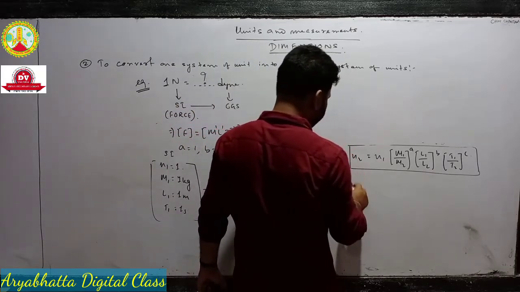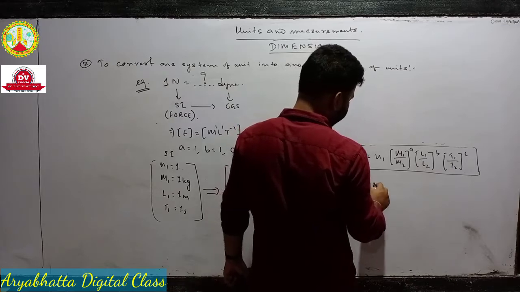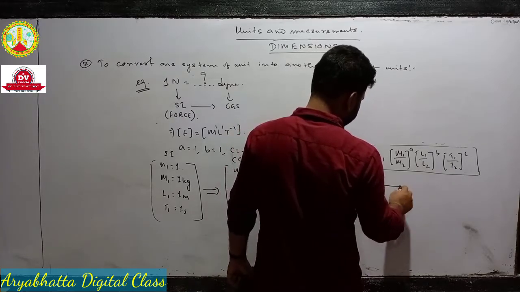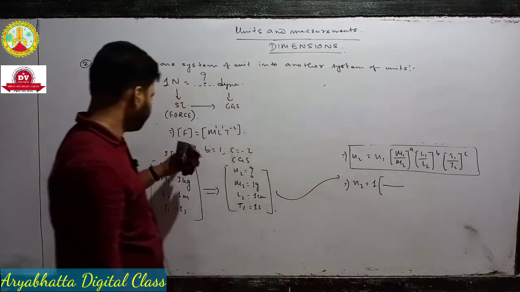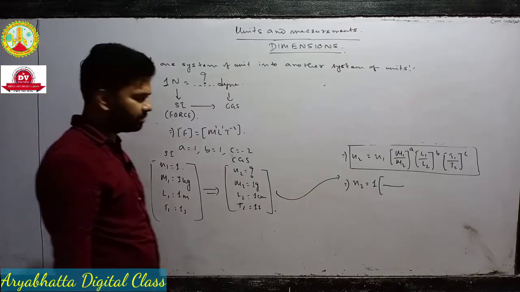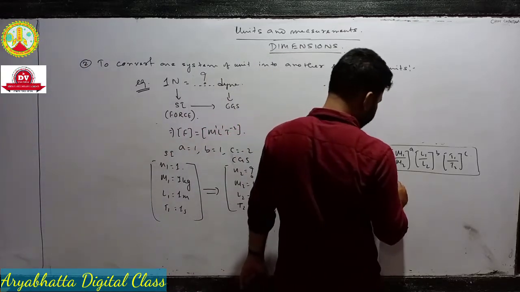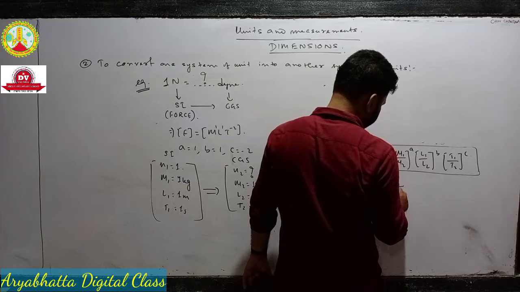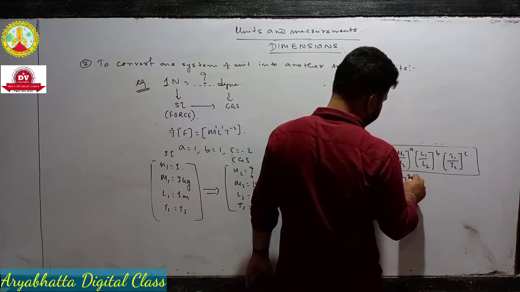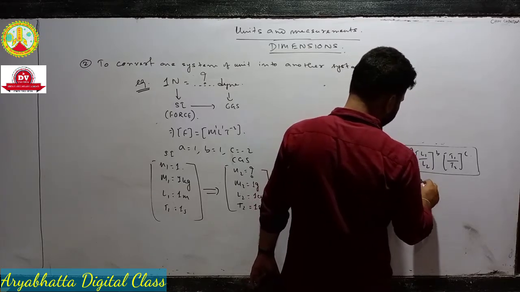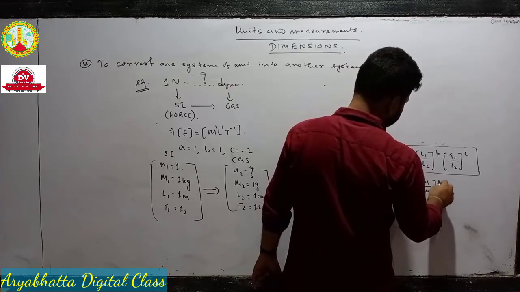So N2, what is the value of N1? 1. What is the value of M1? 1 kg, so this is 1 kg by 1 gram. A is 1. L1 is 1 meter by 1 centimeter.